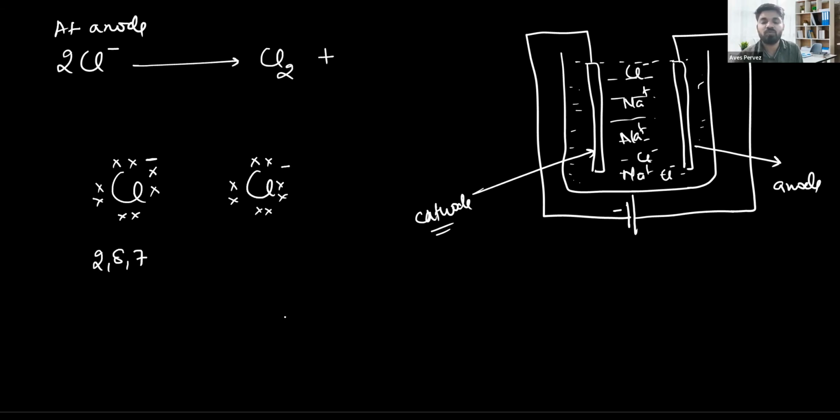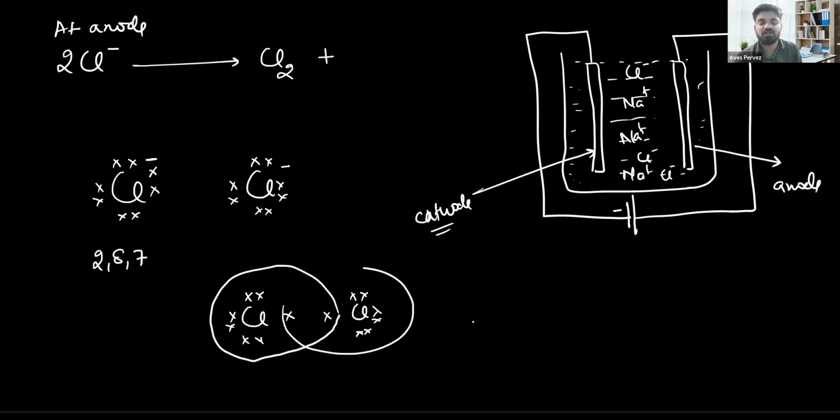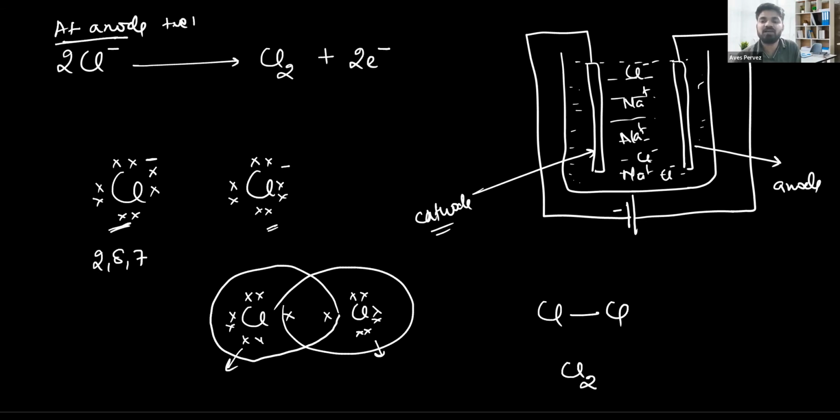In order to form chlorine gas, each must have 7 electrons in the outer shell and make a bond by sharing 1 electron, like this, Cl2. So the two electrons will be lost, one from each ion. This happens at the anode. Why the anode? Because it is positively charged, and only a positively charged rod receives the negatively charged ion.